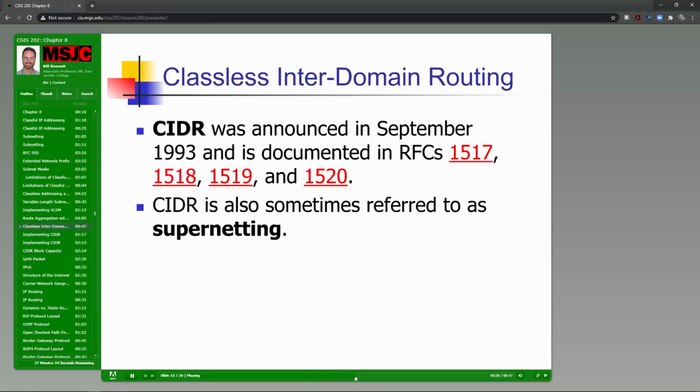With supernetting, we're taking those subdivisions and aggregating them back together. It's actually a bigger representation of IP addresses, a larger range that we're representing, but we're only using one network address to represent that larger range, and so that's also referred to as supernetting.